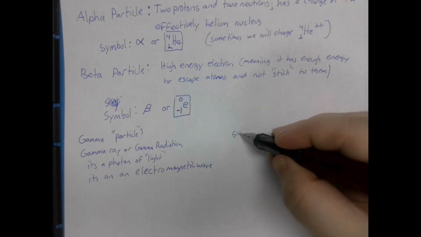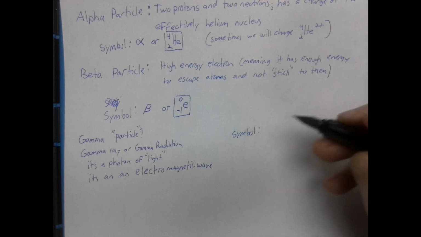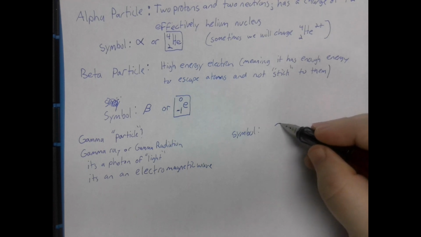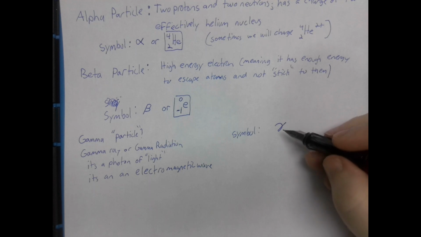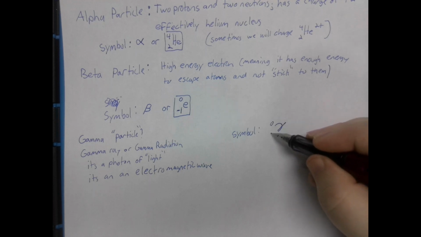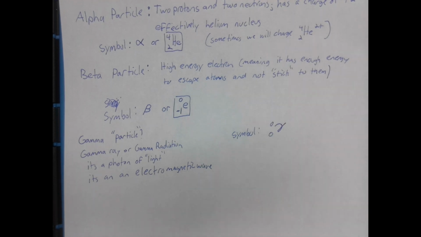Its symbol is going to use the Greek letter gamma. We'll put 0 and 0. So it has no mass, it has no charge.